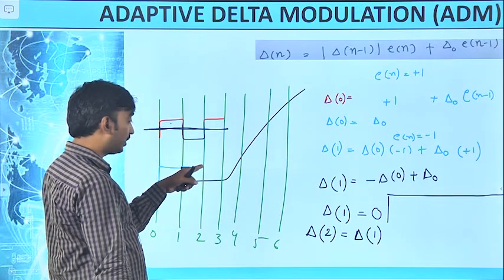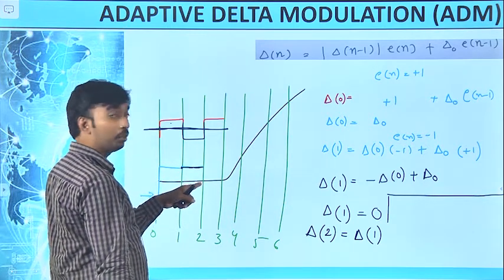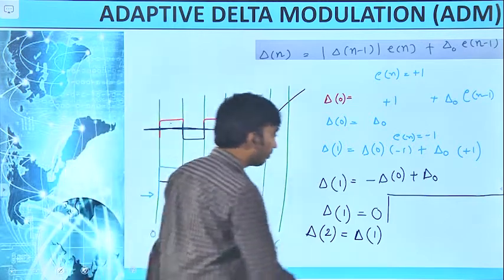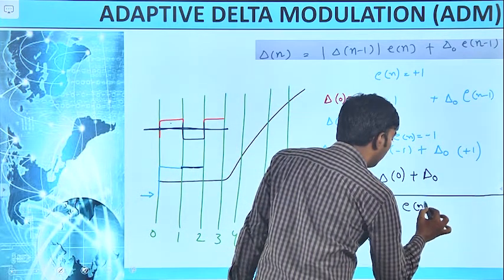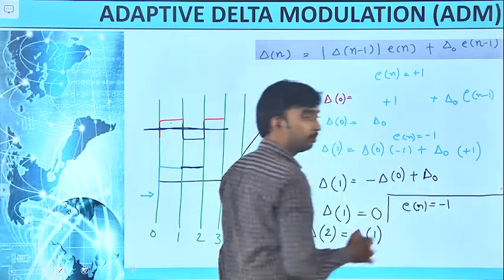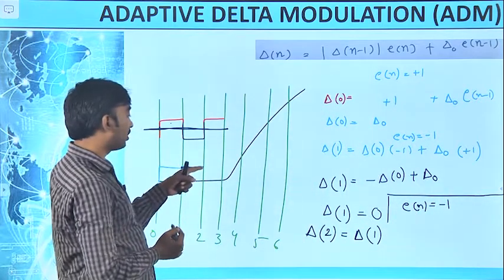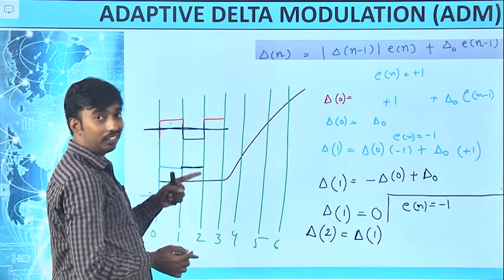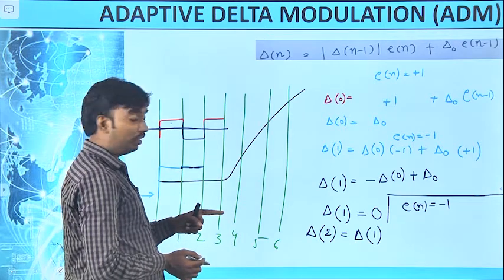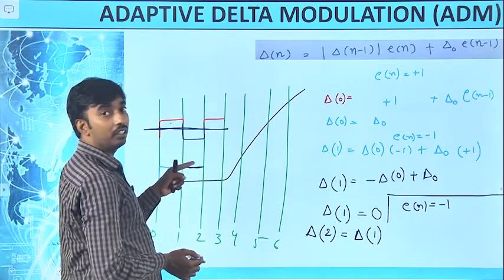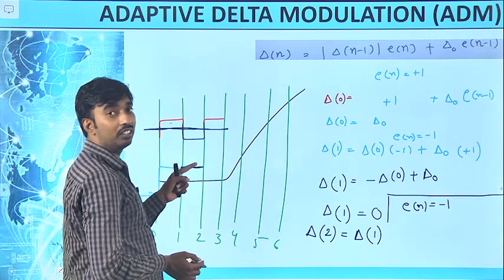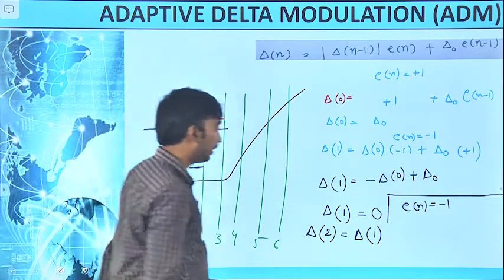That means the staircase signal amplitude is dominating compared to the input signal. That means E of n is equal to minus 1. When the staircase signal is dominating the input signal, the error is minus 1. When the input signal is dominating compared to the staircase signal, the error is plus 1, right?